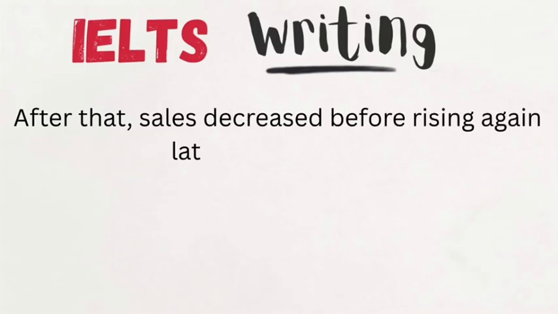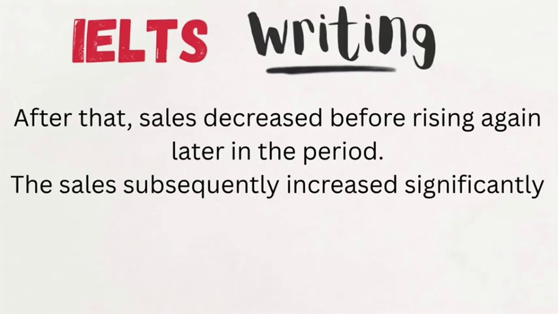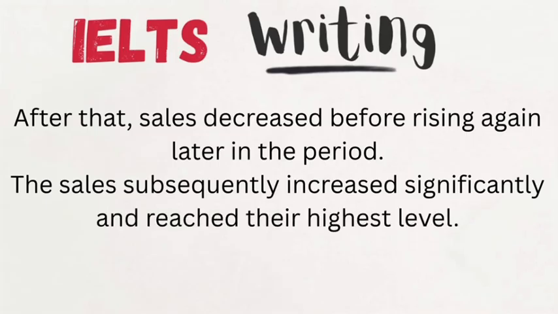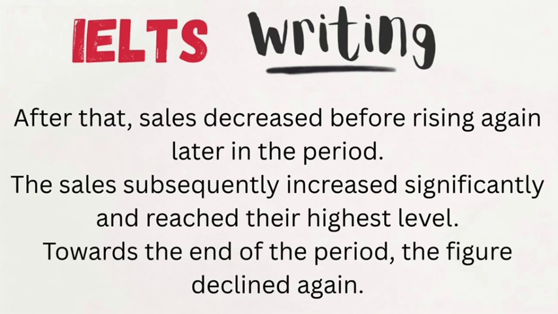After that, sales decreased before rising again later in the period. The sales subsequently increased significantly and reached their highest level. Towards the end of the period, the figure declined again.